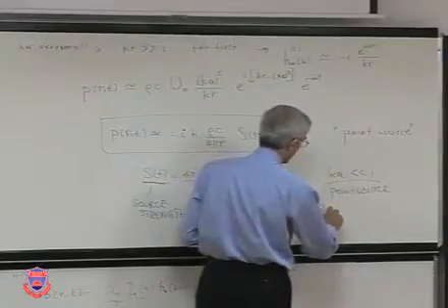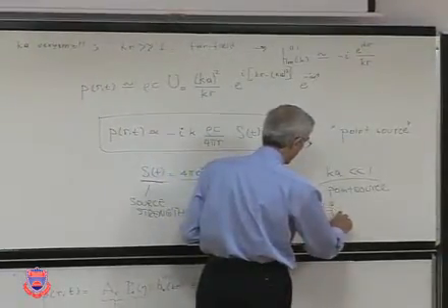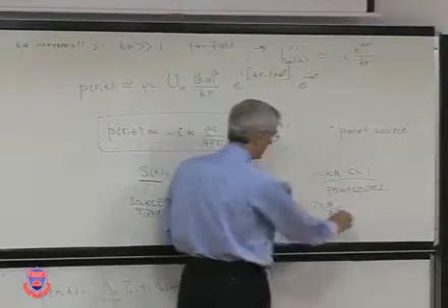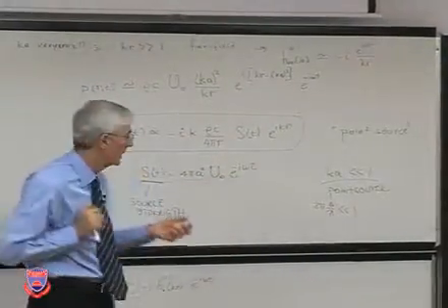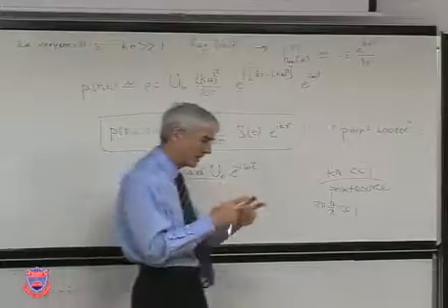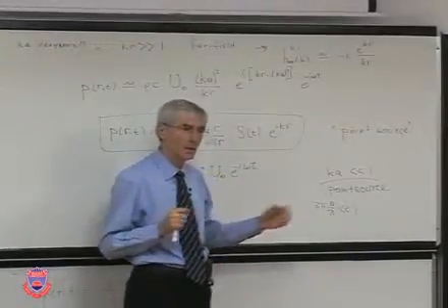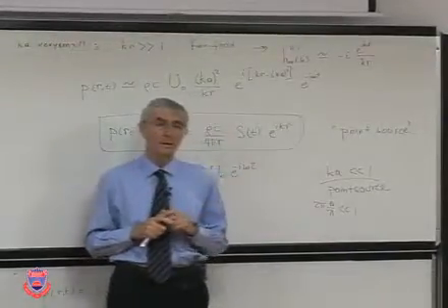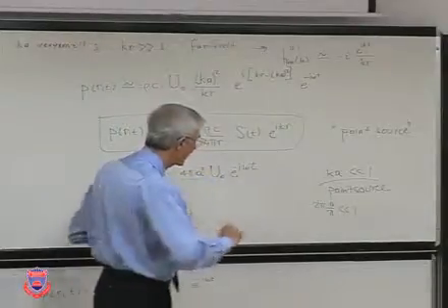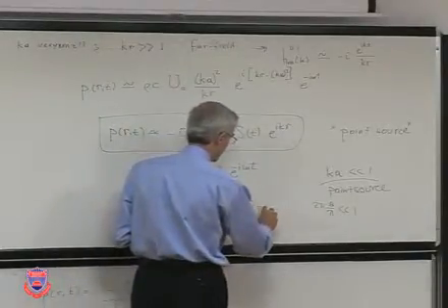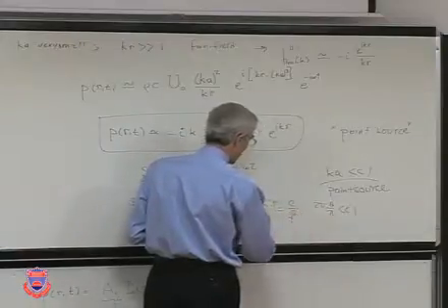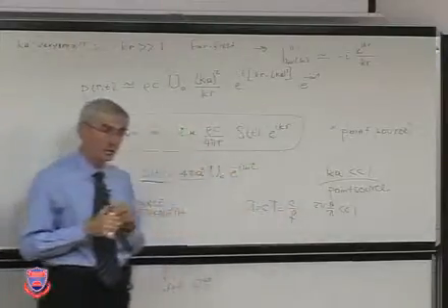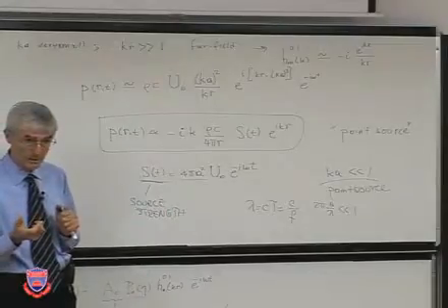K is, of course, 2 pi A over lambda. So what that really means is for diameters much smaller compared to the wavelength. And wavelength is what? Long wavelengths correspond to low frequencies.